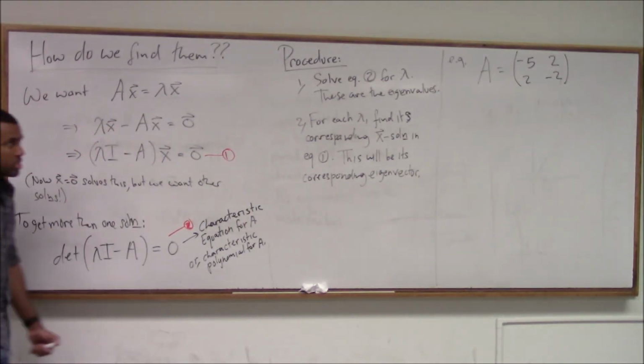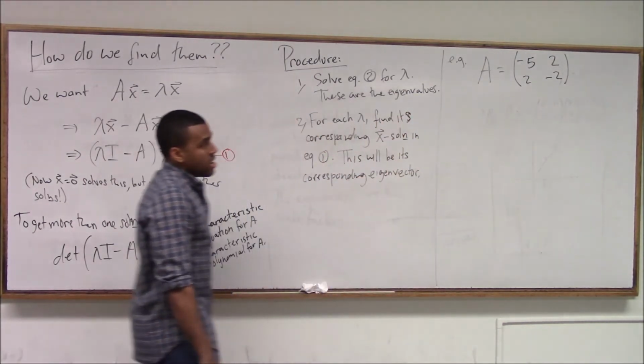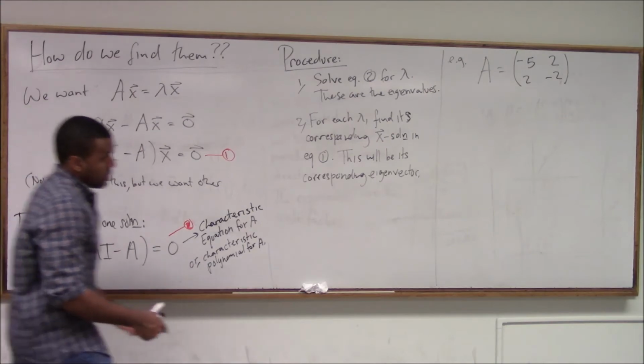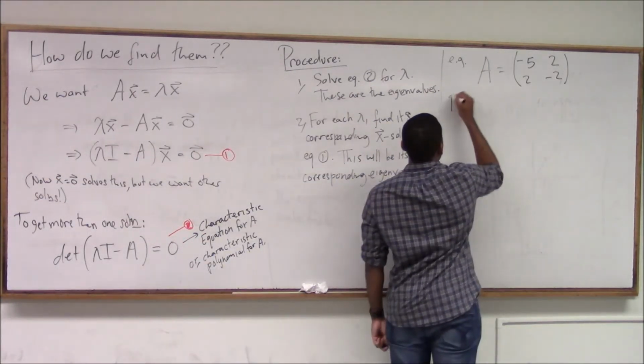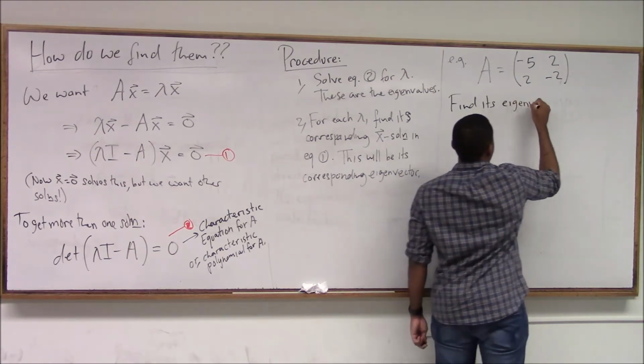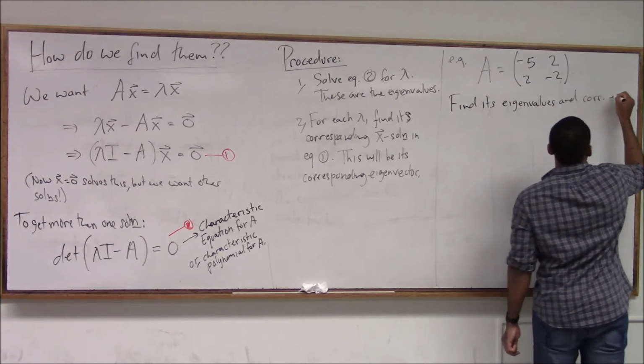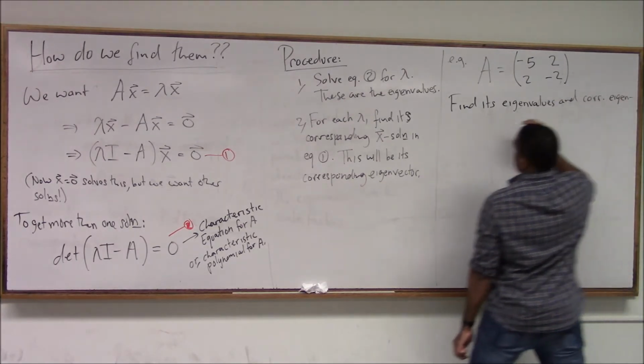But I want to find the vectors that are only scaled by this linear transformation. So given that matrix, find its eigenvalues and corresponding eigenvectors.